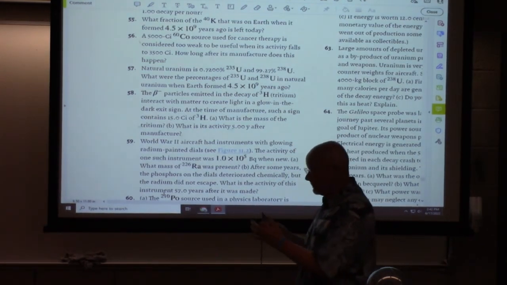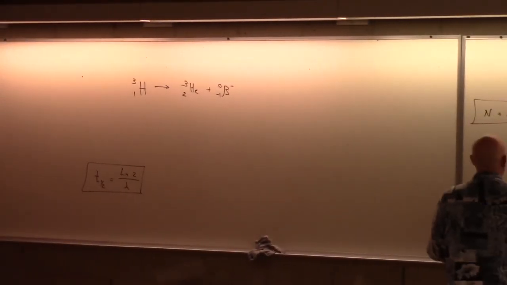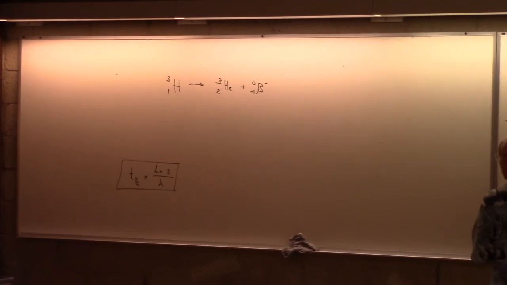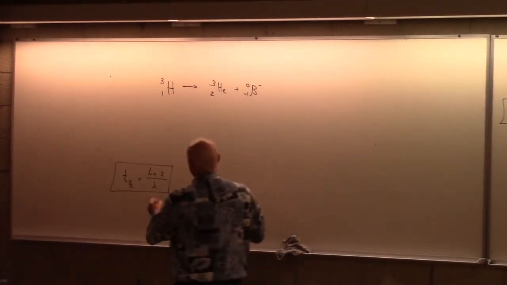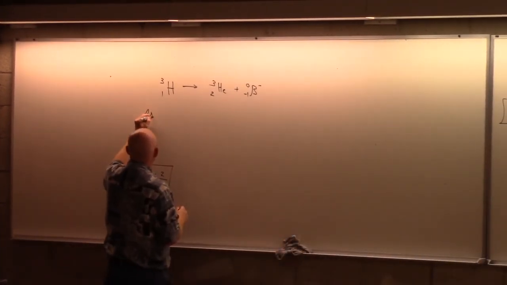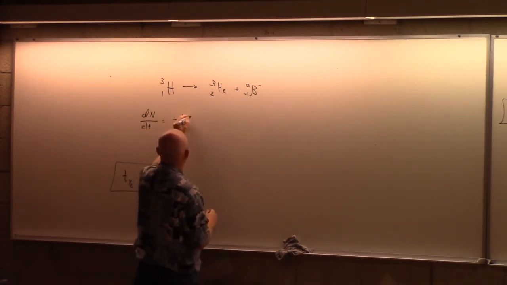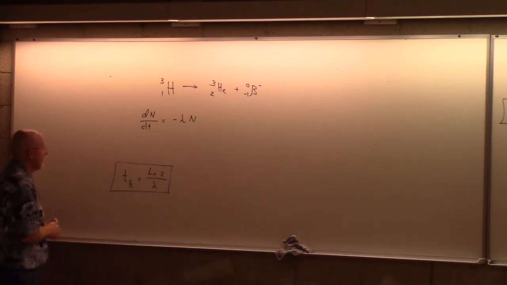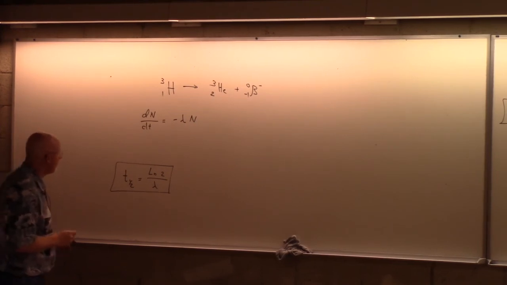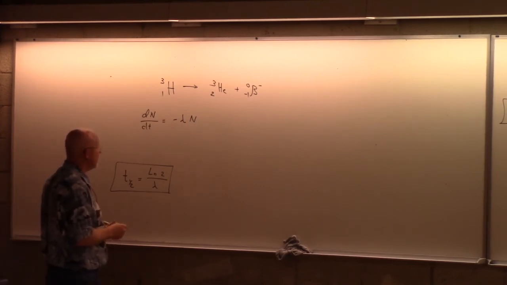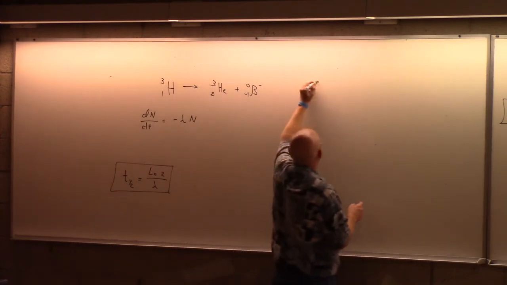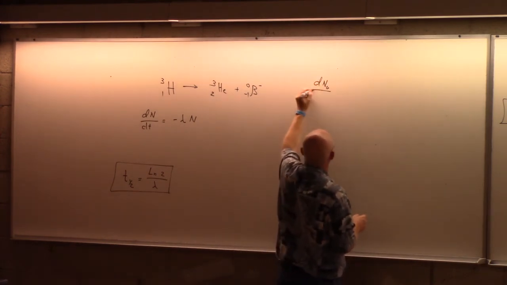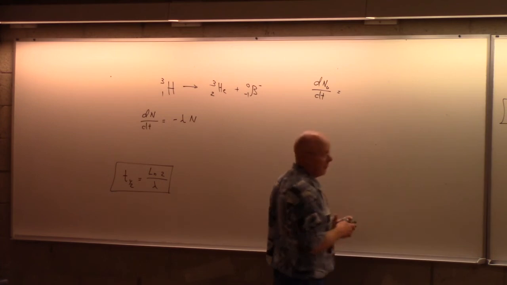And so let me come over here and point out, I didn't completely leave the equation I'm thinking. If you remember, I started here by saying dN/dt equals negative lambda times the number you have. So, if we start this problem by saying dN naught/dt, this is the initial decay.